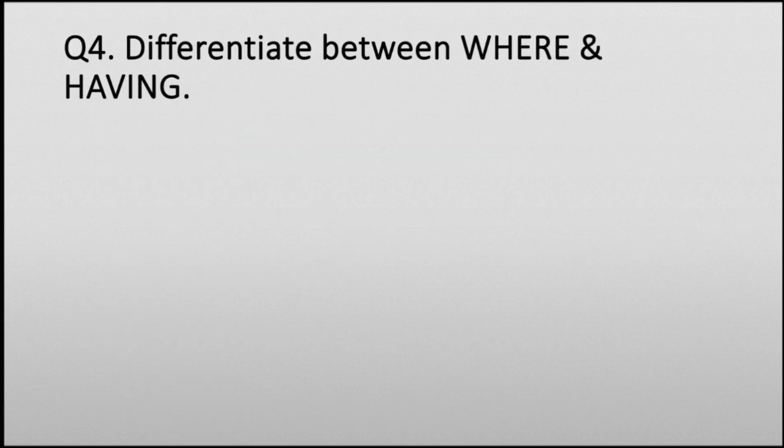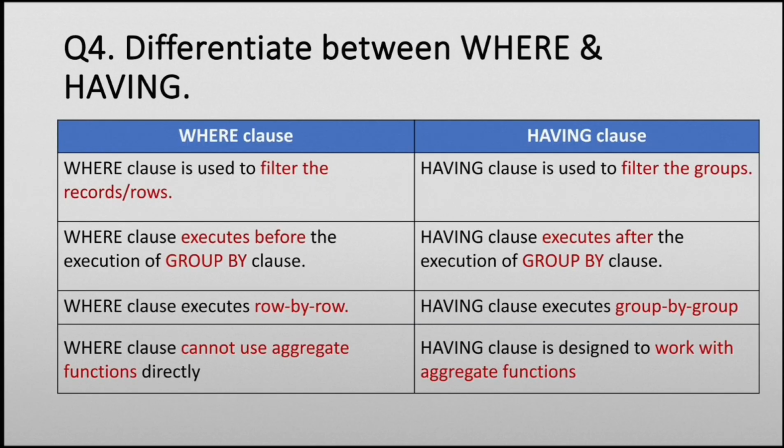The next question, and a very important question, is difference between where and having clause. This question is frequently asked in many interviews. Let's look at the difference. The first difference is where clause is used to filter the records or rows, while having clause is used to filter the groups.